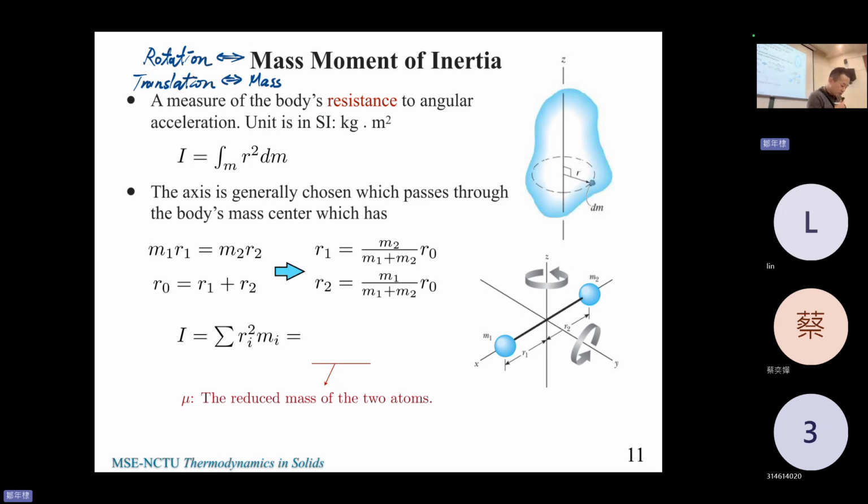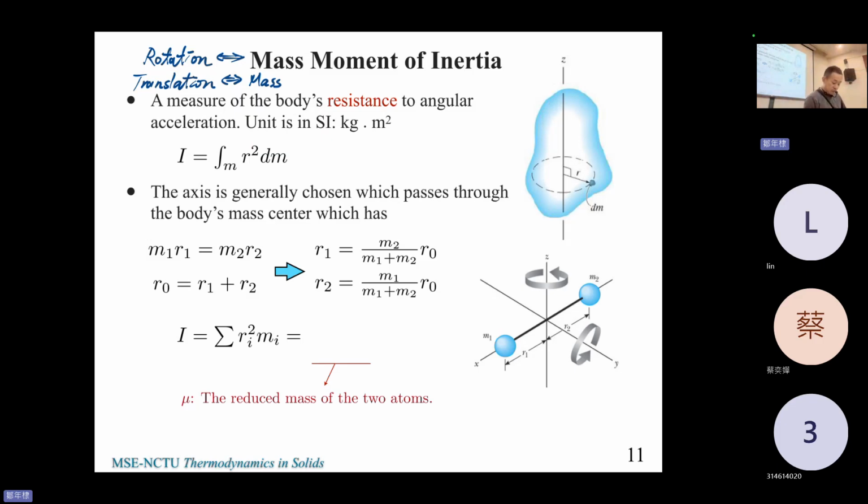Mass moment of inertia is here, and the axis is generally chosen to pass through the body's mass center, the centroid, which has N1 R1, N2 R2. How do we determine the centroid of the volume?